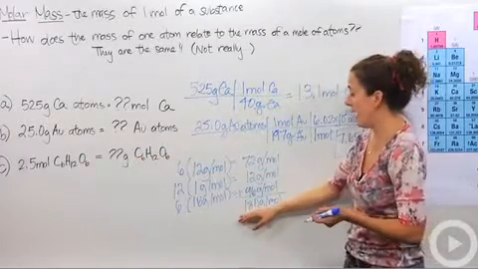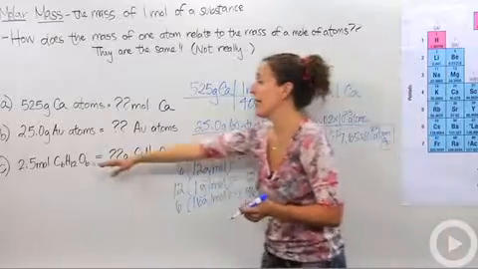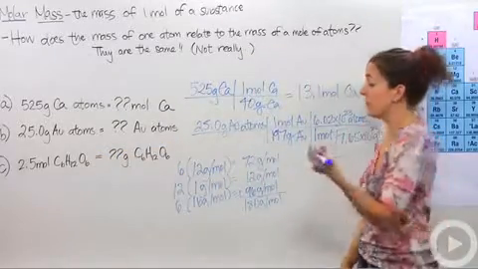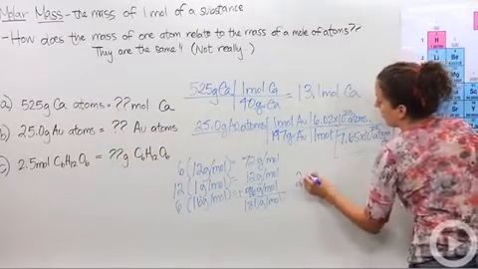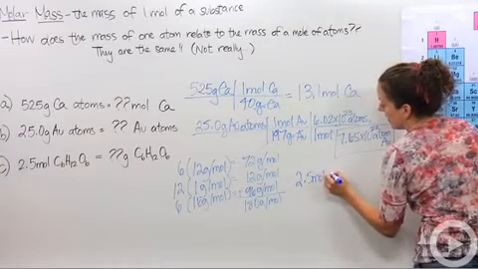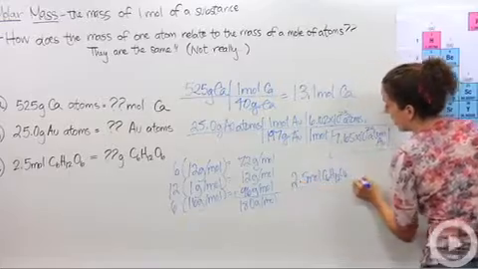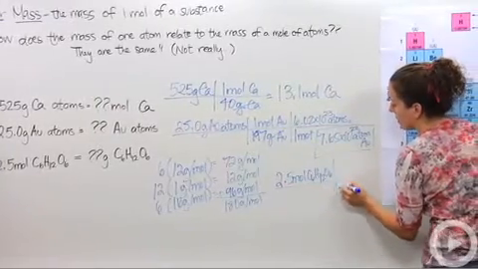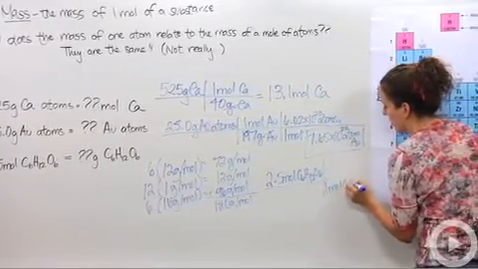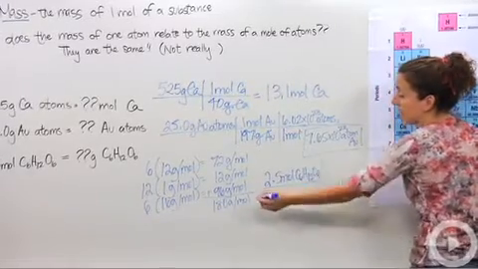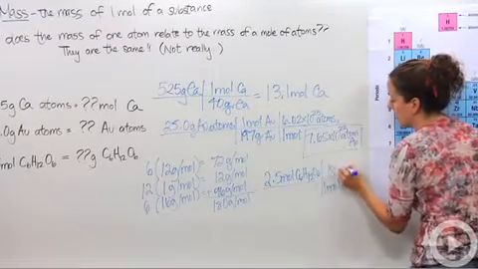So how can I use this? This is the mass of 1 mole of glucose. But the question asked me about 2.5 moles of glucose. So I do 2.5 moles of glucose, C6H12O6. 1 mole of glucose we just found out is 180 grams.